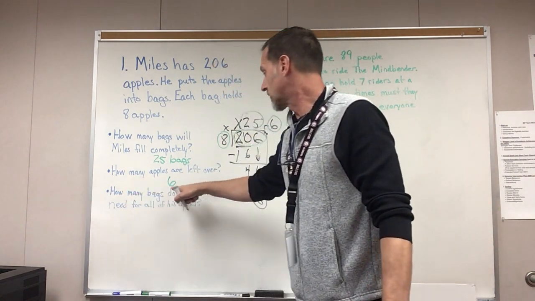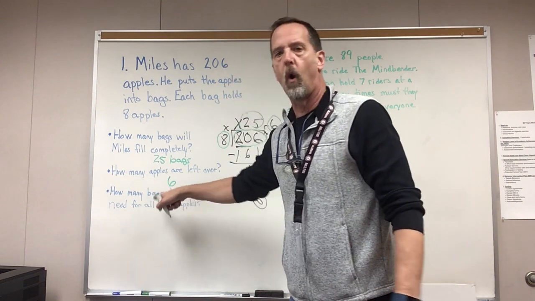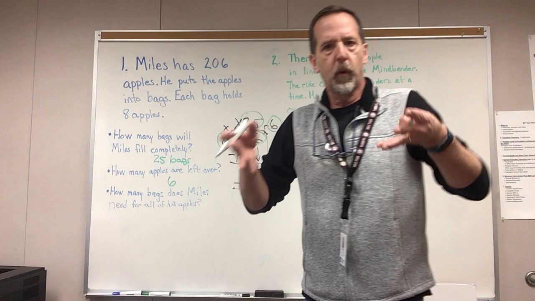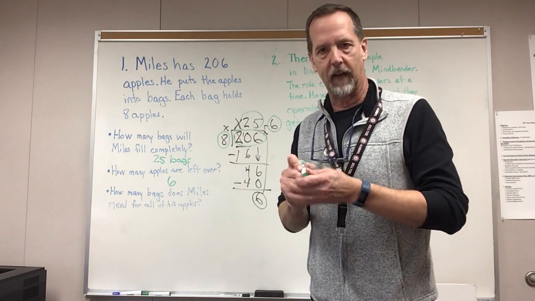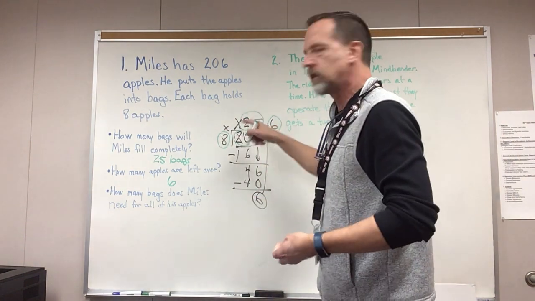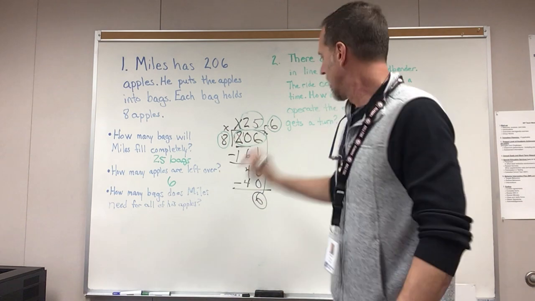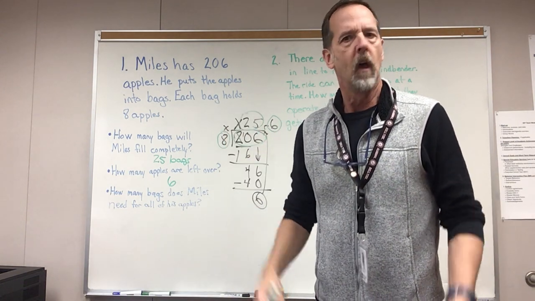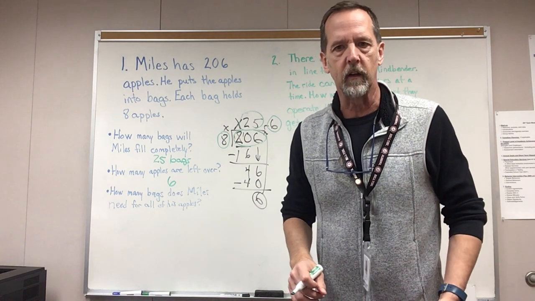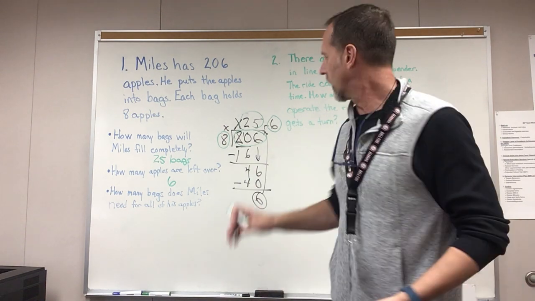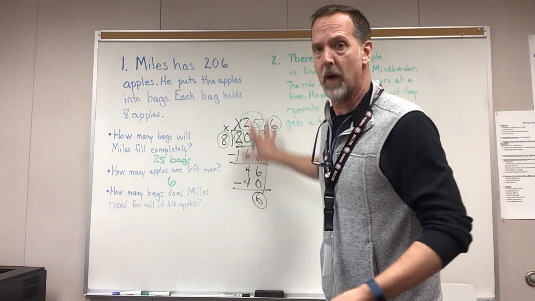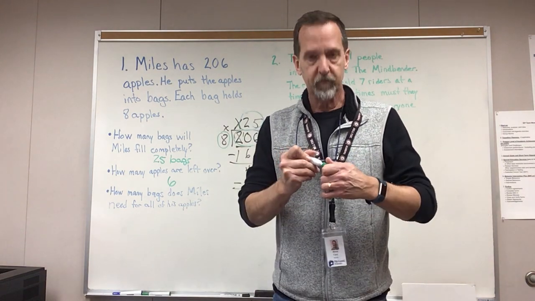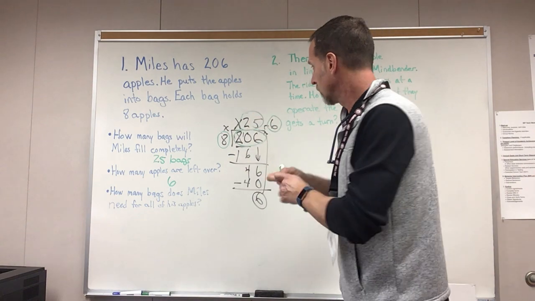How many bags does Miles need for all of his apples? Ooh. He wants to put all the apples in a bag. Well, when we did the division, we had 25 full bags. We had 6 apples that were left, but he wants those in a bag. What bag are they going to go in? Which numbered bag? I got news for you. The answer's not up here. This is where you have to think. How many bags are full? 25, right?